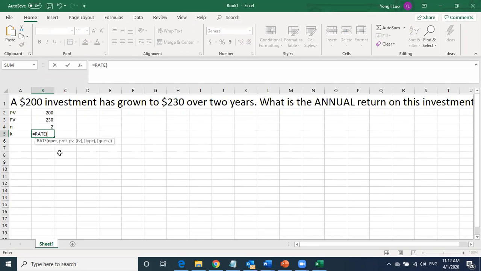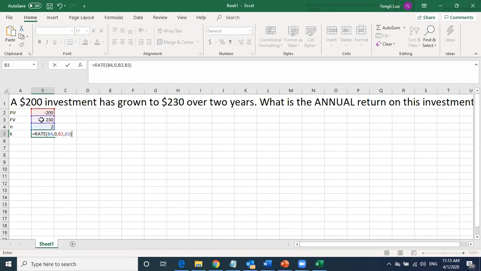R-A-T-E, rate. You choose the number of time periods, 2, and your payment. No payment. Remember, payment is 0. The present value is negative 200 and the future value is 230. So that's the required rate of return, or the annual return.